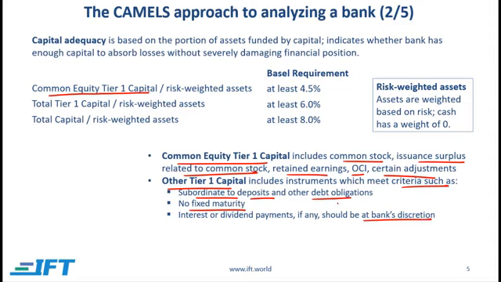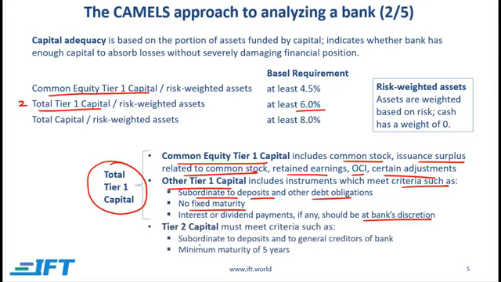An example here might be that a bank issues preferred stock and the dividend payments on the preferred stock depend on the discretion of the bank. So that would be other Tier 1 capital. Common equity Tier 1 capital plus other Tier 1 capital is total Tier 1 capital. So that's the item over here in the second ratio. This needs to be at least 6% according to Basel III.